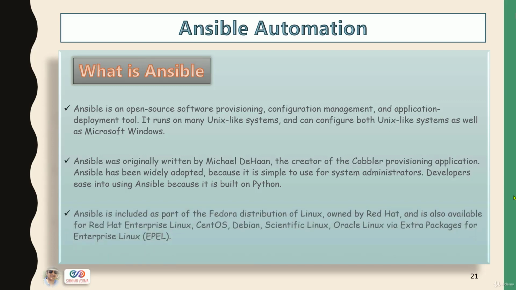Most importantly, Ansible is included as a part of the Fedora distribution of Linux, and it is owned by Red Hat, and it is also available for Red Hat Enterprise Linux, CentOS, Debian, Scientific Linux, Oracle Linux via Extra Packages for Enterprise Linux (EPEL).